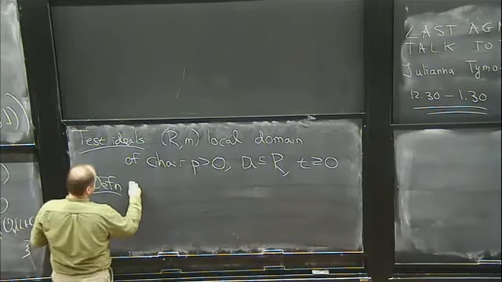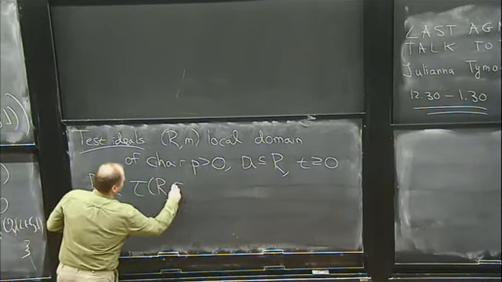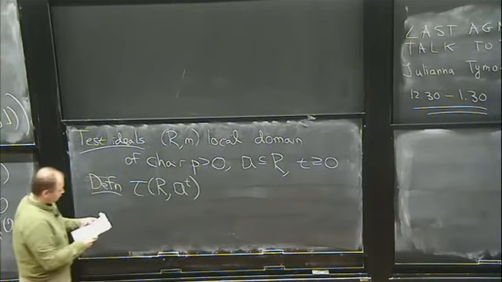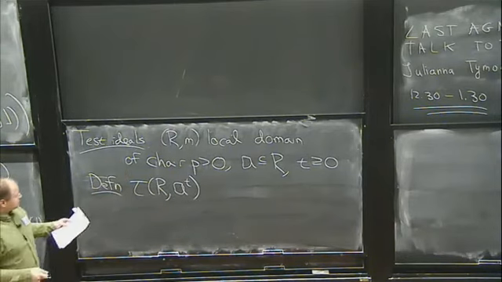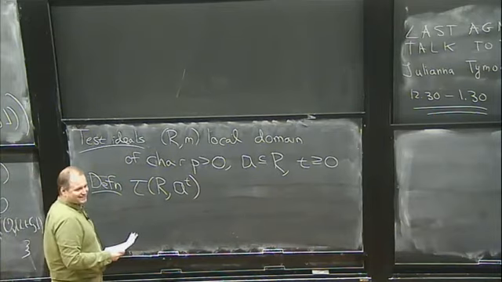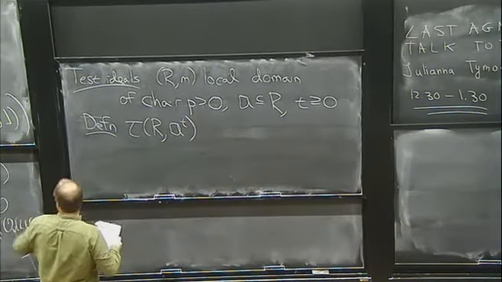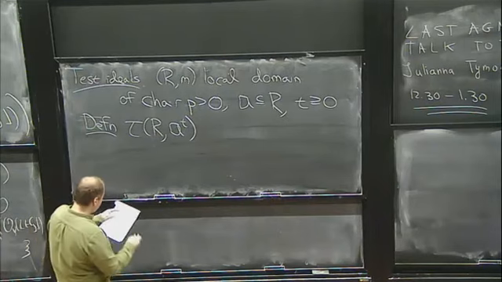Definition, the test ideal τ(R, a^t). Let me write it in a funny way first, and then I'll tell you maybe another way to think about it.